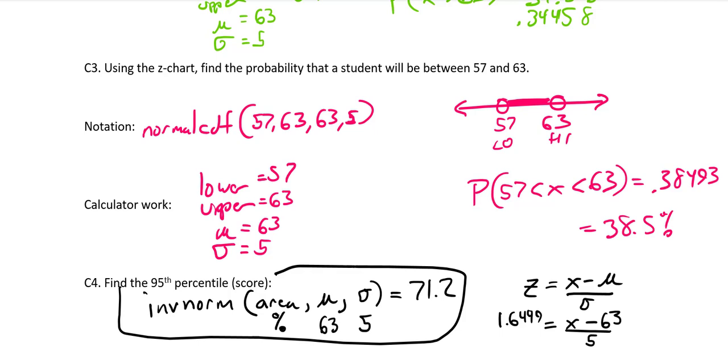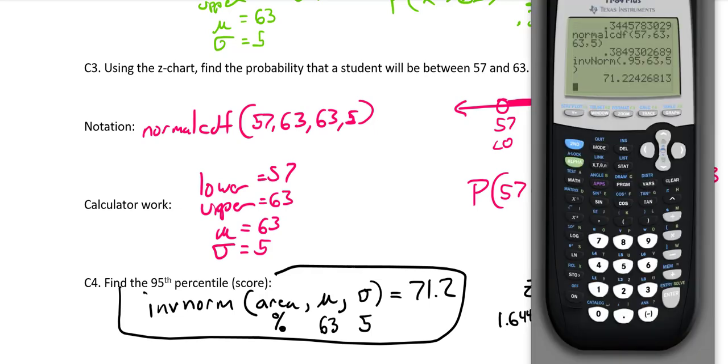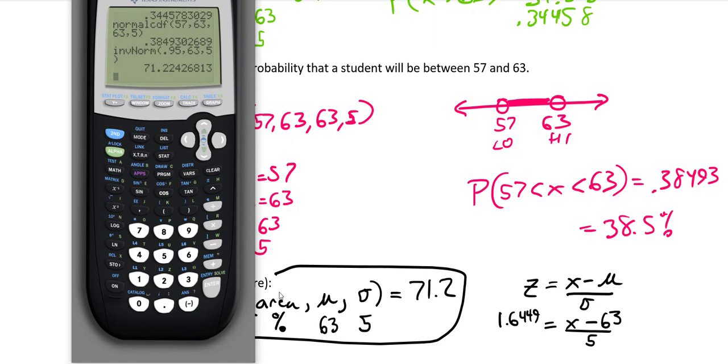Again, there are a lot of books that use 1.65, but I found that if you're going to use these numerical values, you should at least have enough decimals that won't cause a problem with rounding error. And then you just have to solve for x. I'm going to show you how to solve for x on the calculator and how we got up to 71.2.